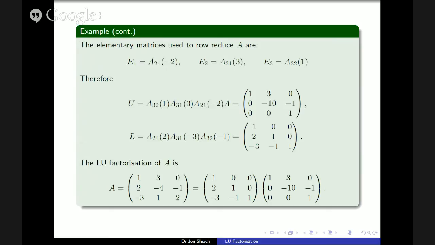Multiply those two together, you should get back to A. So it's quite a simple process. Row operations, your U is the row operations done in reverse multiplied by A. Your L is the row operations done in order but inverted. And that gives you your L and U.